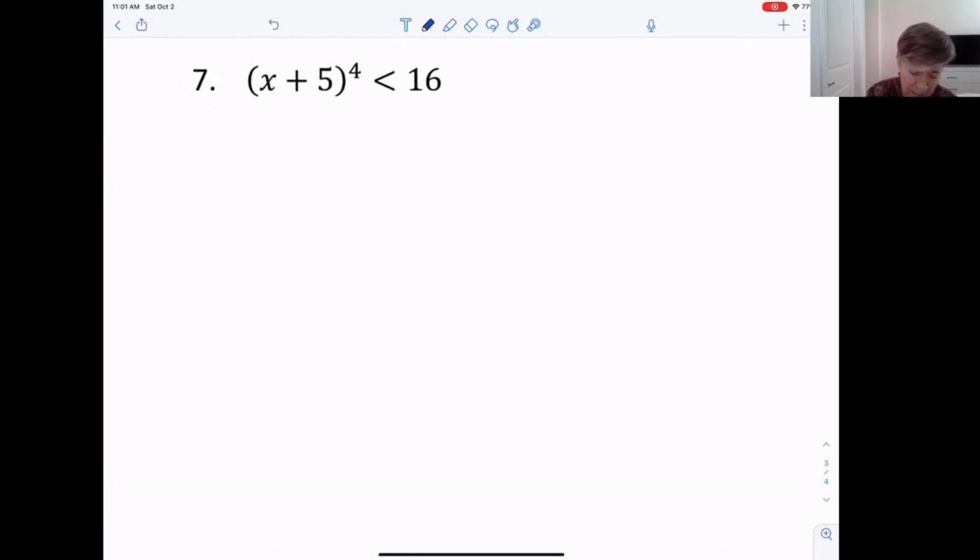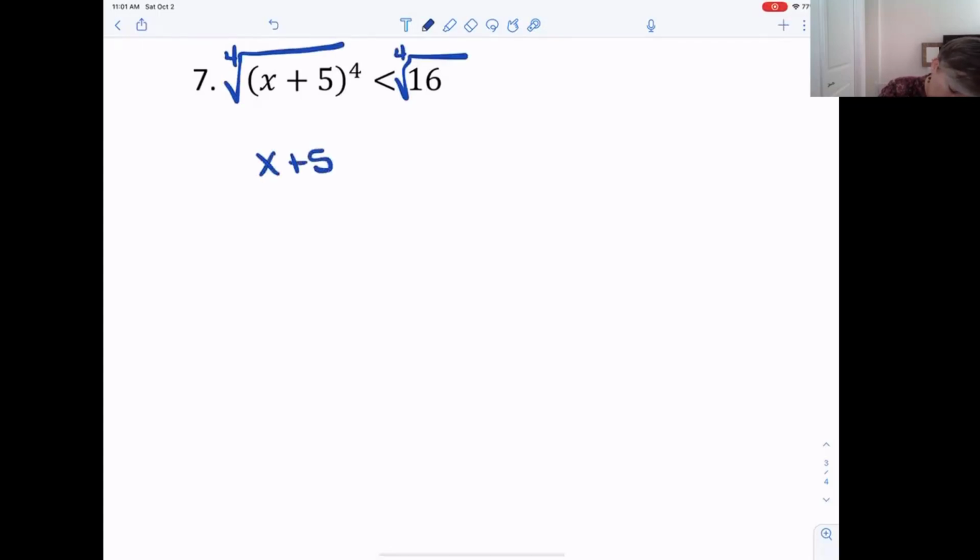So let's first solve for this. Again, it's to the power of 4, so we can take the 4th root of both sides. That would leave us with the radicand x plus 5 less than, now the 4th root of 16 could be positive or negative 2. Because remember, if we're taking it to the power of 4, that might still work.